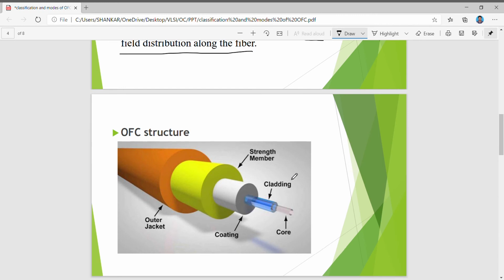See the picture here. This picture represents the optical fiber cable structure.